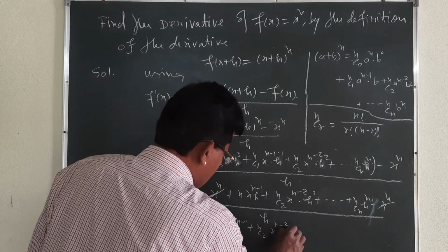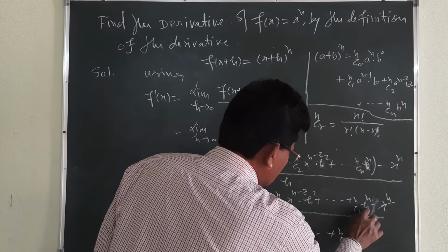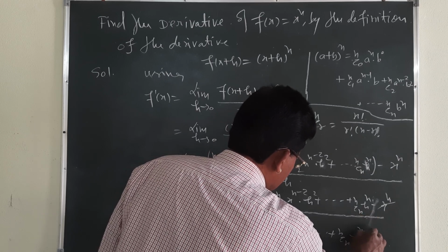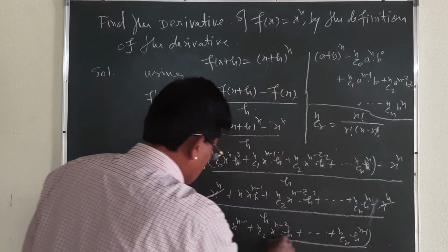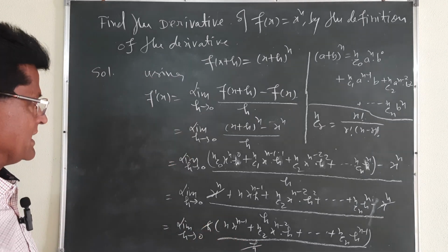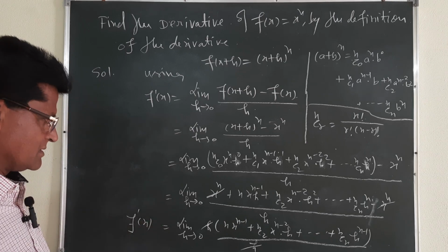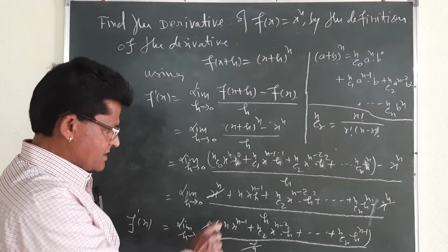We have taken h common, plus nCn, but one h we have taken common, so its power will be n minus 1. Divided by h, h will be cancelled by h, and this is the differentiation.